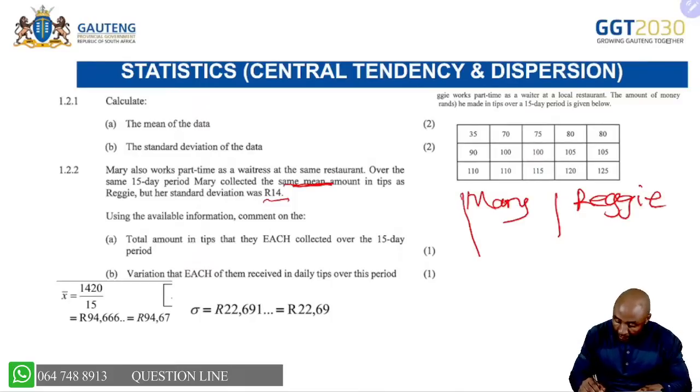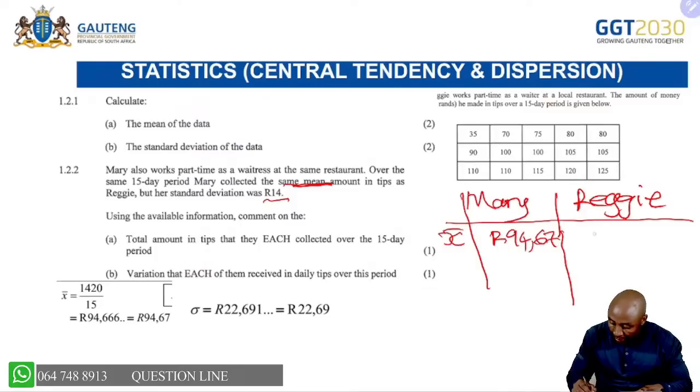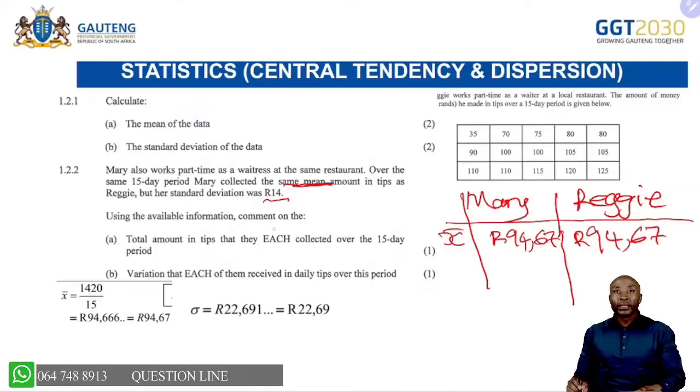You are looking at these quantities. For your mean, we got 94 Rand 67. Reggie, it's also 94 Rand 67. It comes from the same mean. The mean that you calculated in 1.21a, you are going to use it because of the statement that says it is the same mean amount.